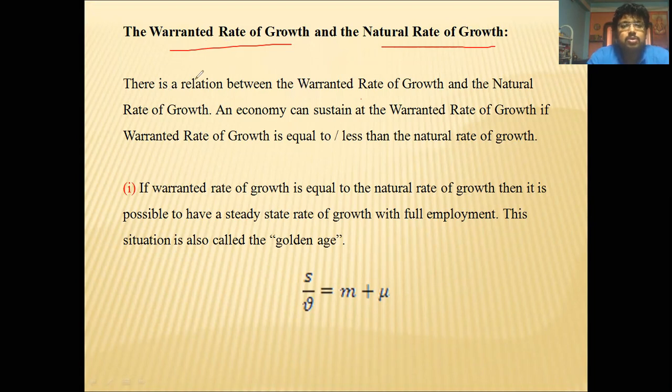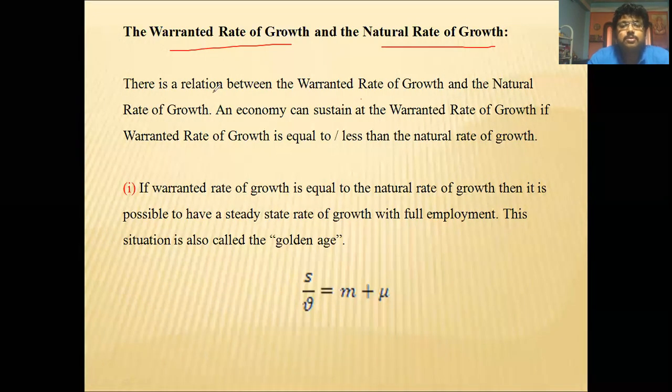Suppose in the economy there is a warranted rate of growth and a natural rate of growth, and the warranted rate is equal to the natural rate, or less than the natural rate, or greater than the natural rate. What will happen? What is the relation between the two, and where is the conflict?